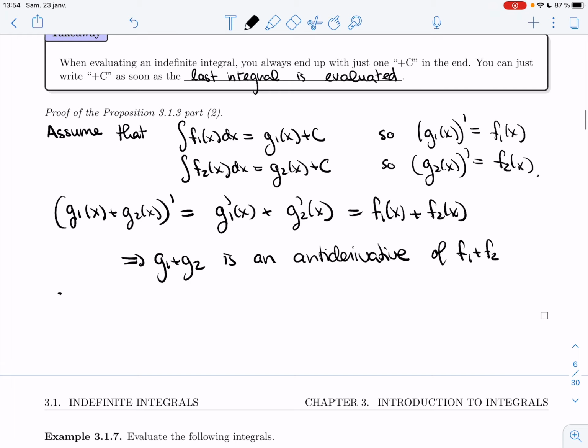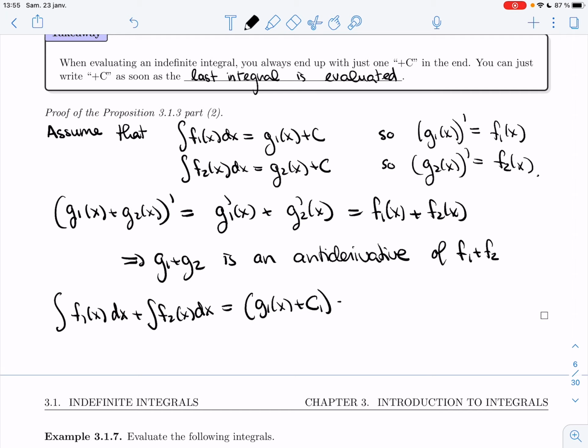So if I'm trying to evaluate the integral of f1 of x plus, actually let me start from the other side. If I evaluate this integral here, I'm going to get g1 of x plus a constant.